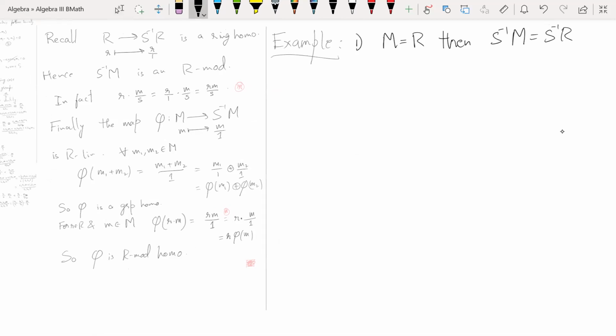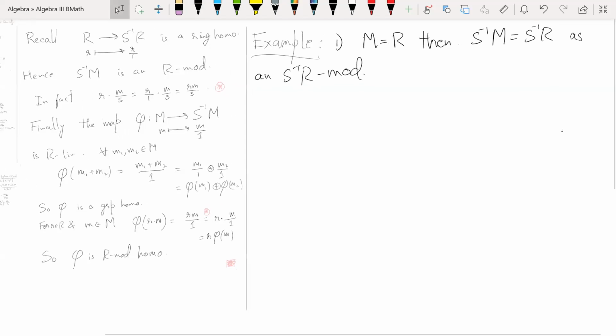S inverse M is S inverse R as an S inverse R module. S inverse R is a ring, so it is an S inverse R module as well. And of course, we also know that S inverse R is an R module as well. So everything fits together.